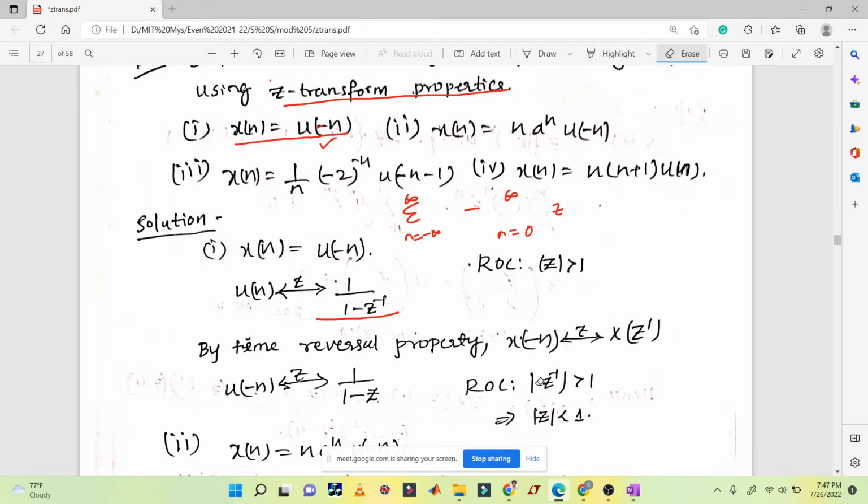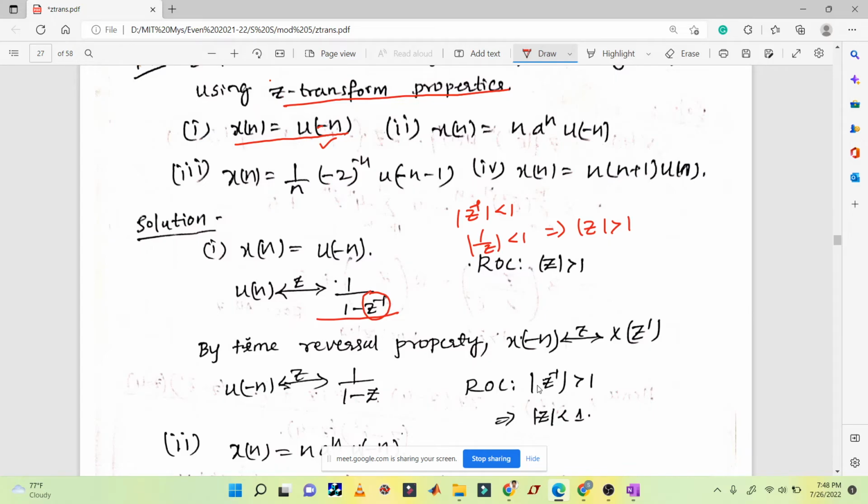Now ROC is z inverse less than 1. When we take the z transform, z inverse is less than 1, so 1 by z is less than 1. This implies z is greater than 1.